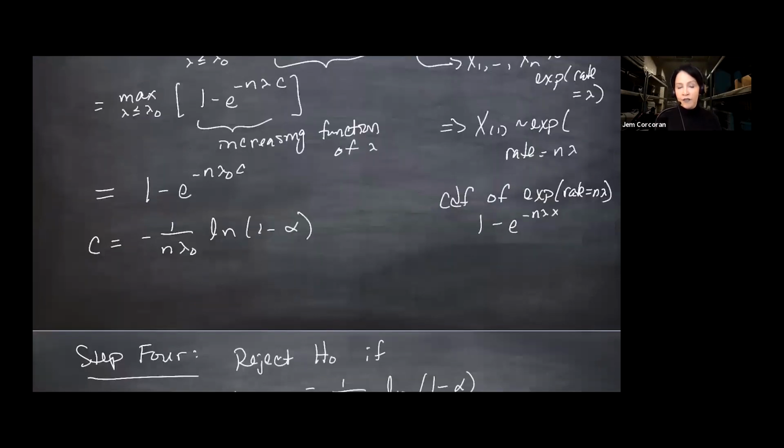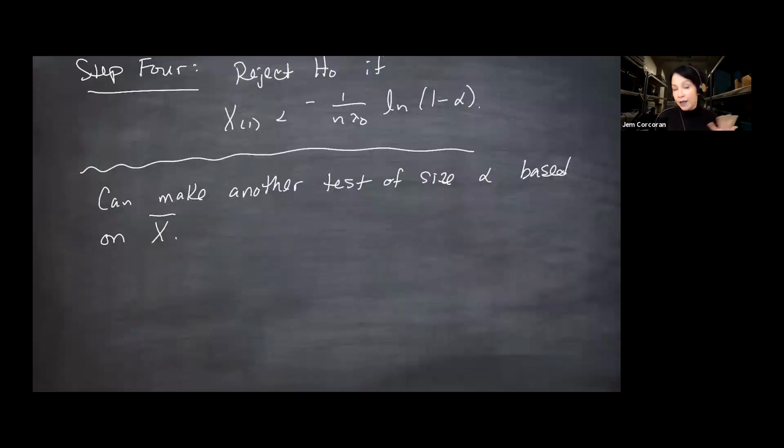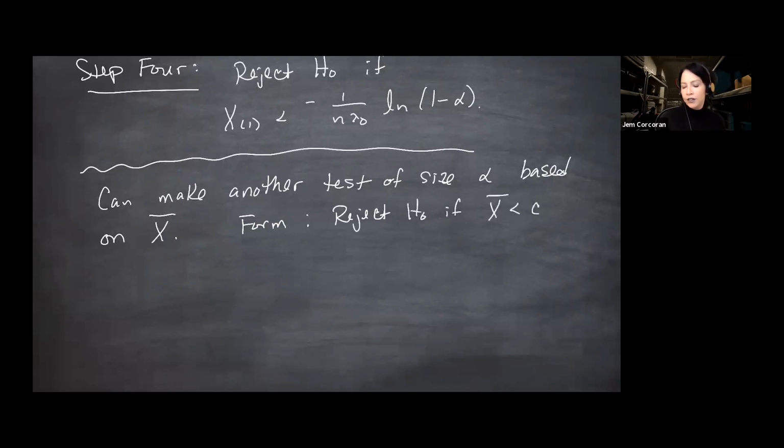And that includes smaller values coming out of the sample mean. So the form of the test is going to be to reject the null hypothesis if x bar is less than some C1 or D or whatever. And so you can use your definition of alpha to find C. And because this is going to involve the gamma distribution on your homework, I'm going to have you find C in terms of a chi-squared critical value. And then you will have a different value of this C or C1, but you'll also have a test of size alpha.